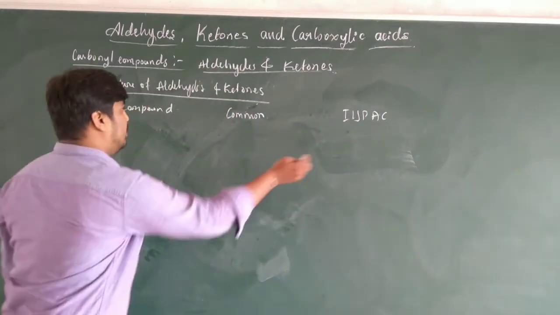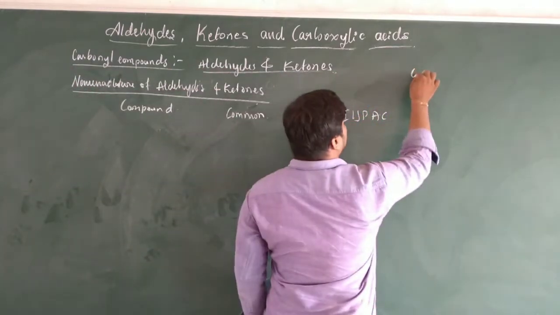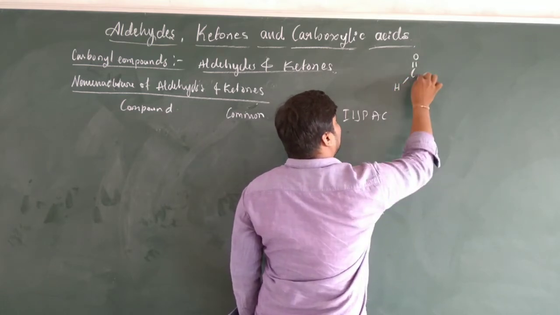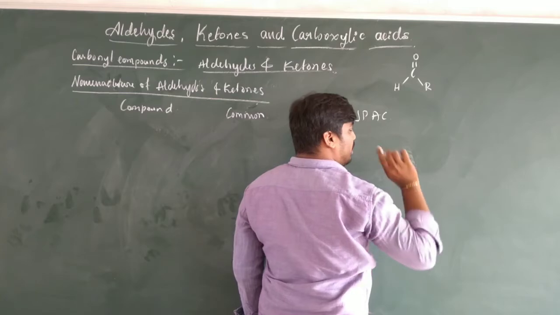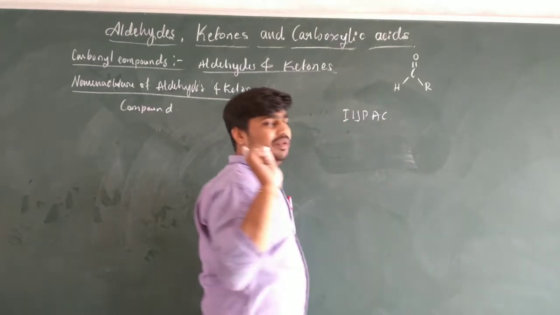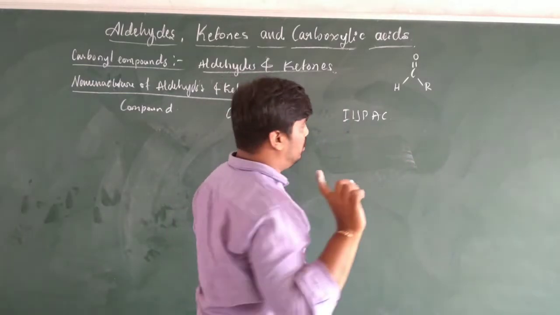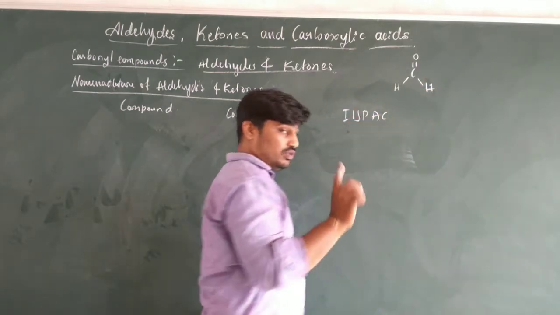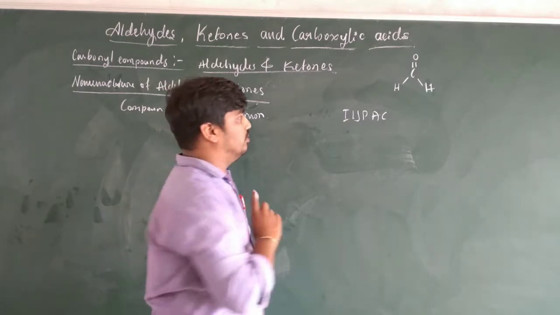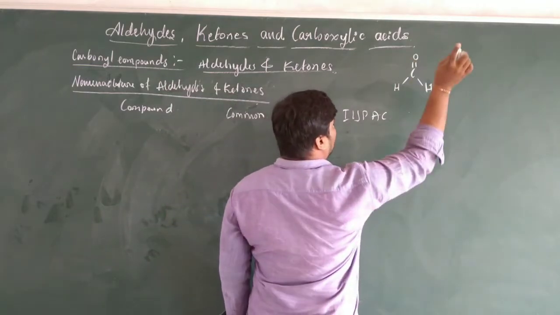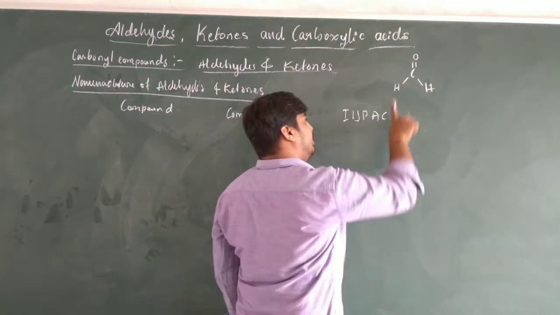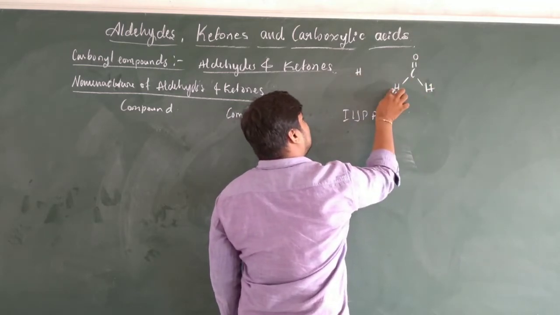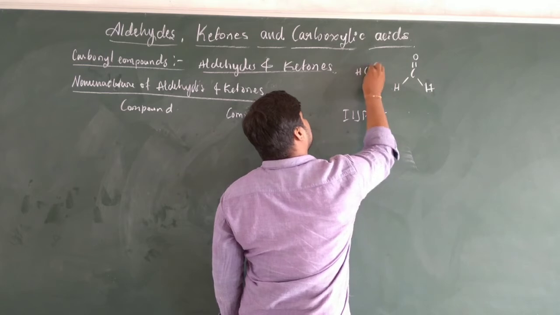The first member of aldehyde means a carbon that contains hydrogen on one side and an alkyl group on the other side. Alkyl group means it may be hydrogen. Suppose the alkyl group is hydrogen. Then what is the name of the compound and what is the formula? How to write the formula? H, here H CHO.